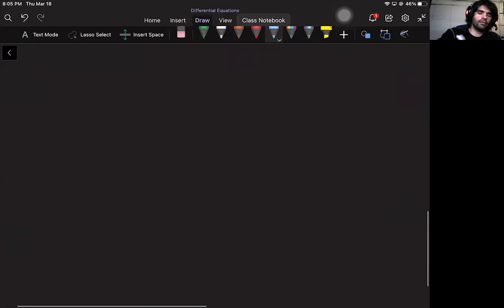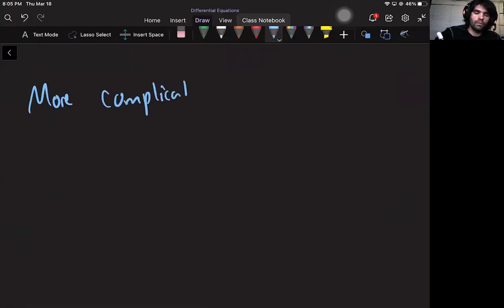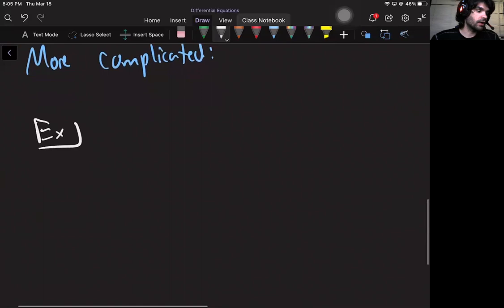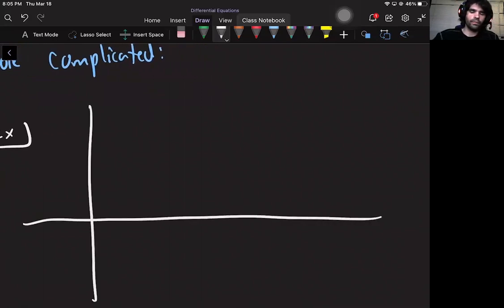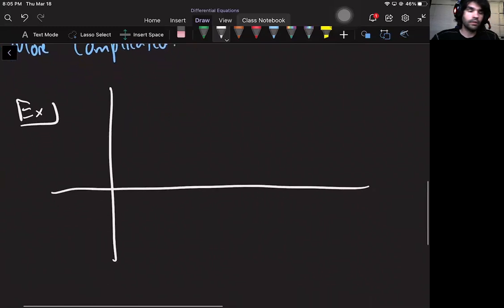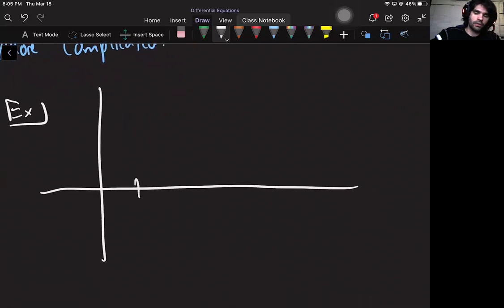So you can get very complicated. So this is a step function. First, let me just draw the graph, and afterwards, maybe try to describe it. So let's see, 1, 2, 3, 4, 5, 1, 2, 1, 2, 3, something like this.